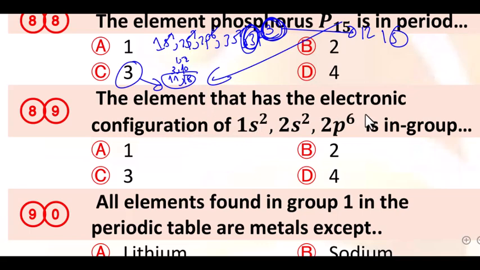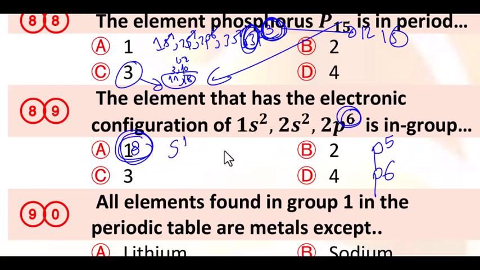The element that has the electron configuration 1s2, 2s2, 2p6 is in which group? Here the answer will be group 18, as it is an inert gas ending with p6. If it ends with p5, it will be halogen. p6 will be inert gas. s1 will be alkali metal. s2 alkaline earth metal.